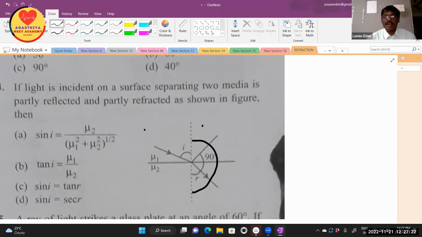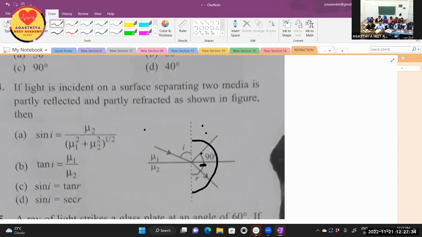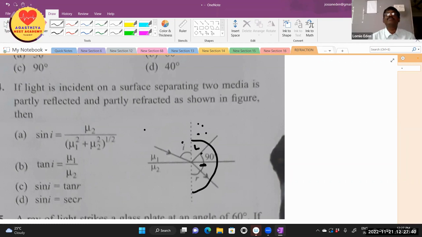The total included angle, what is that? 180. Okay. When you subtract 90 from 180, it will be equal to 90. Understand? So we know that I is equal to this. This is also I as per the law of reflection.